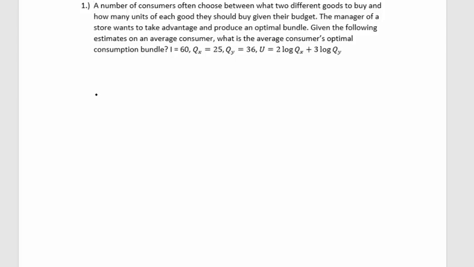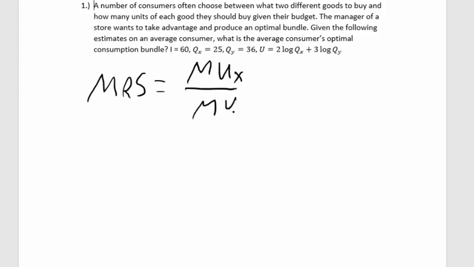So first off, we want to look at the relationship given by the marginal rate of substitution, or MRS, which states that marginal utility of X over marginal utility of Y equals price of X over the price of Y. But what exactly is marginal utility of X and Y?